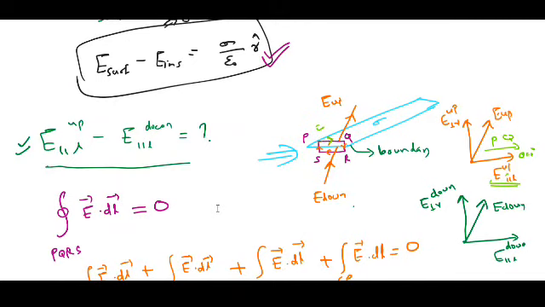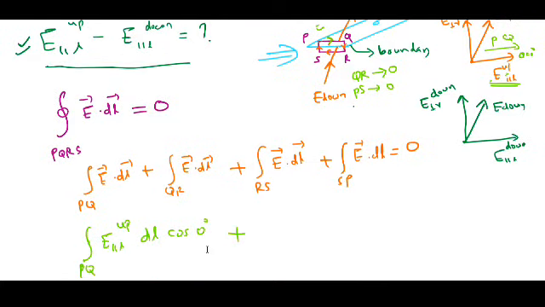Here, the path that we have considered is a very short one, and the width of the path approaches 0. Therefore, QR and PS both go to 0.